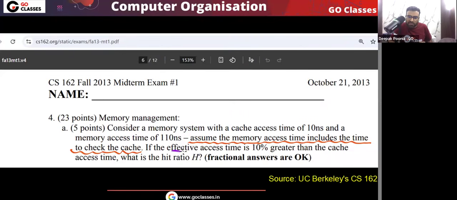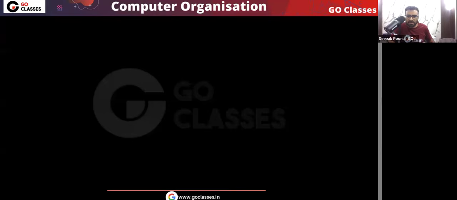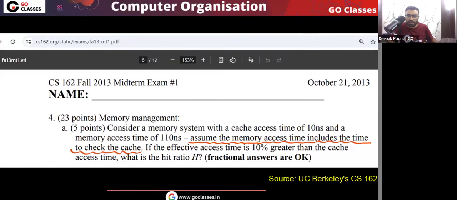Now, if the effective access time, meaning average memory access time, is 10% greater than the cache memory access time, then what is the hit ratio? This is a very simple question, and you can very easily solve it.